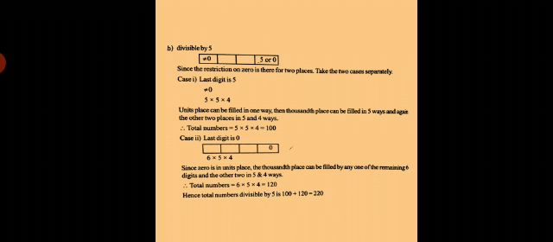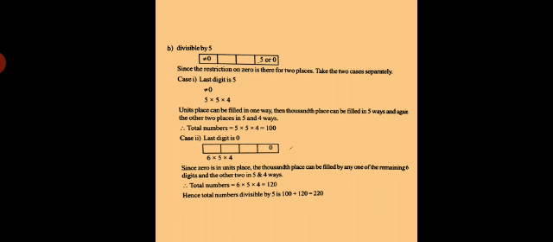Then 1 less from 6, that is 5. 1 less from 5, that is 4, in the next two blocks, 100 and 10th place respectively. Now multiply all these numbers, 6, 5, 4 only, not 0. So you will get it as 120.